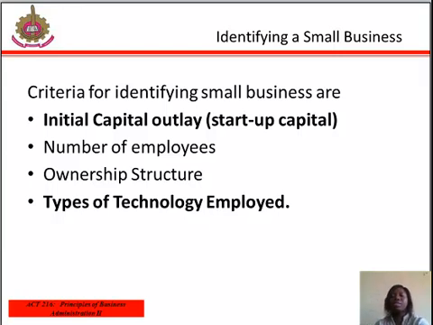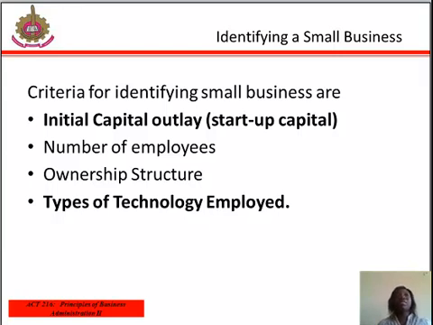Another feasible criteria used to distinguish a small business from a big business is the type of technology employed. Because of the small size and relatively low capital base, the small business employs relatively simple technology in operations.